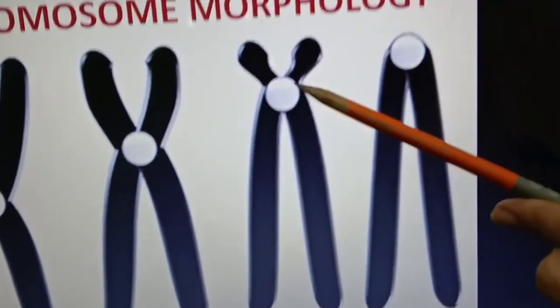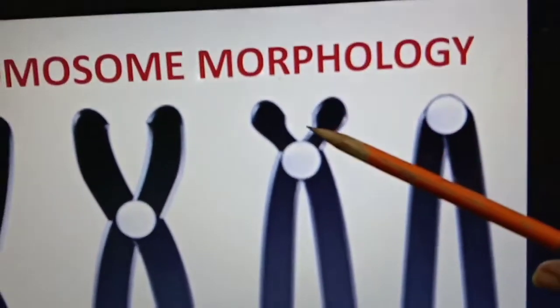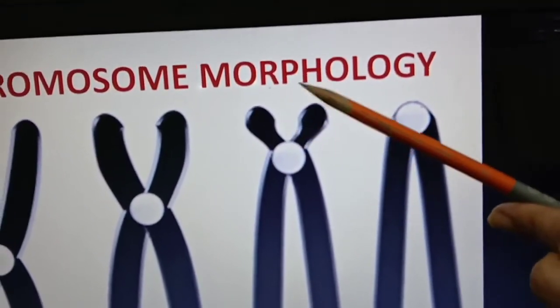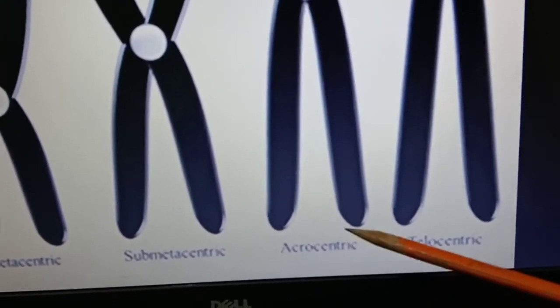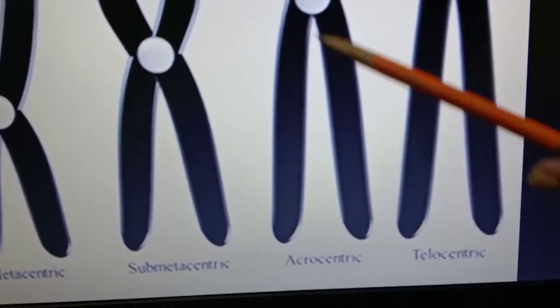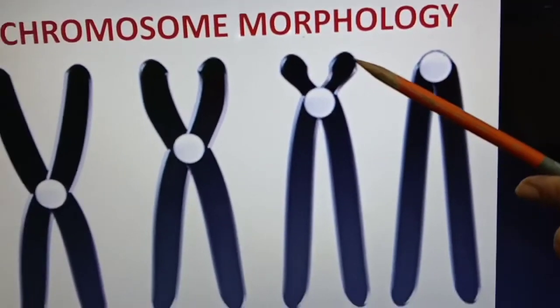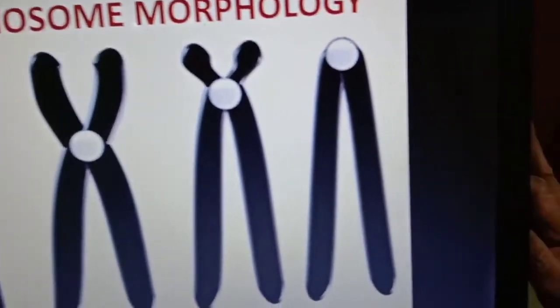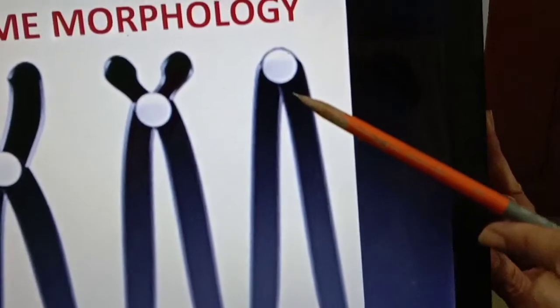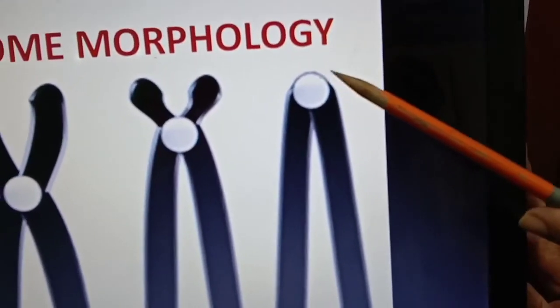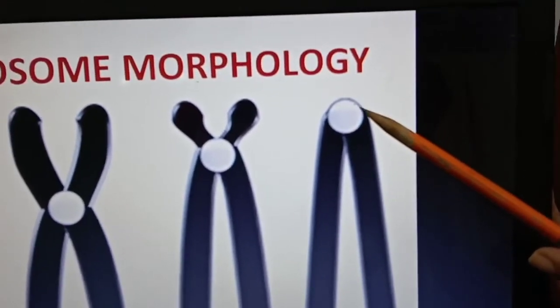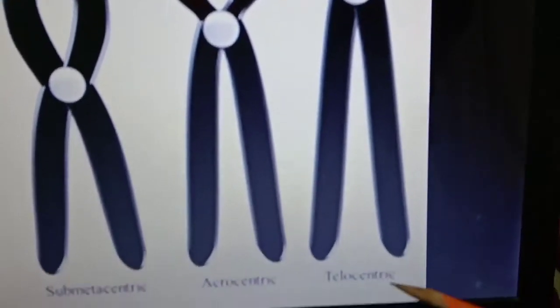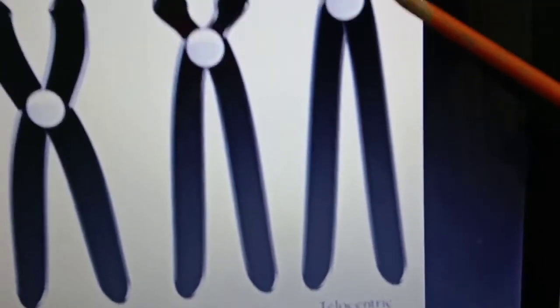When the centromere is away from the center towards the end, you call it acrocentric. Generally, acrocentric chromosomes also have satellites. And you have the chromosome where the centromere is at the extreme tip, at the extreme end, that is the telocentric chromosome.